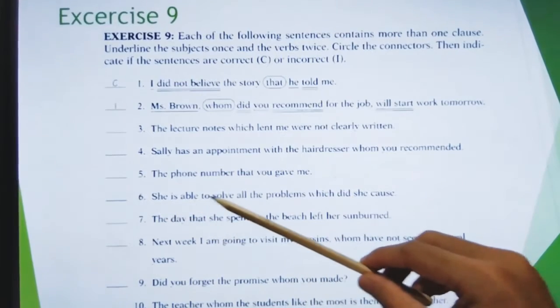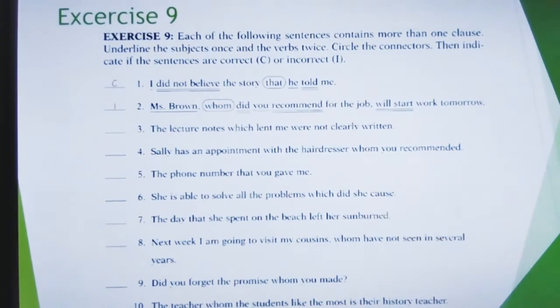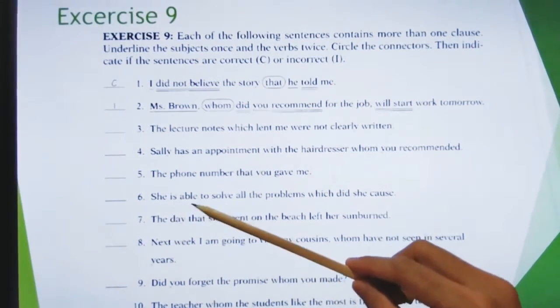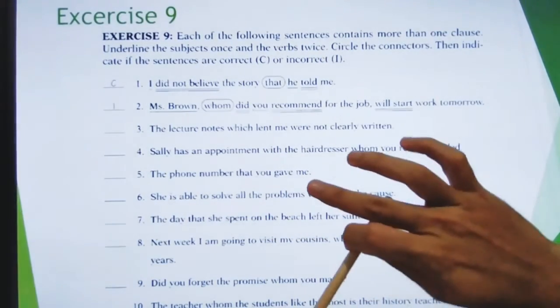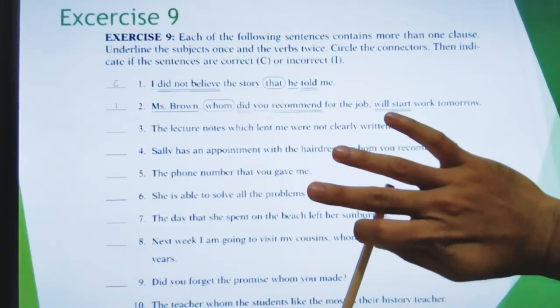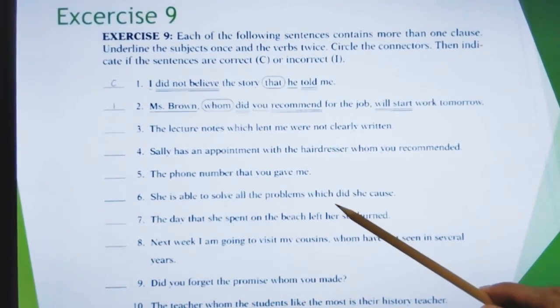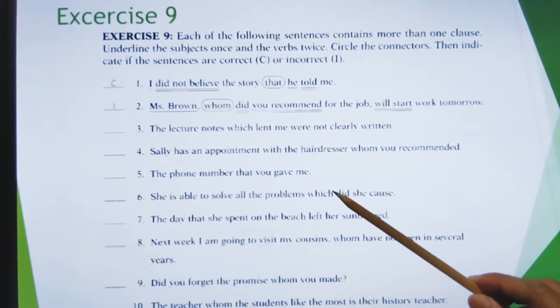Next, go to number 6. She is able to solve all the problems which did she cause. So, is it correct or incorrect? She is able to solve the problems. If we just omit this, the sentence still makes sense. The sentence is good, but the question is, is it correct? Which connectors followed with what? It's supposed to be followed with a dependent subject.